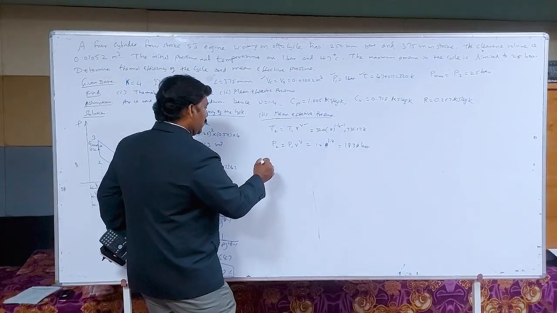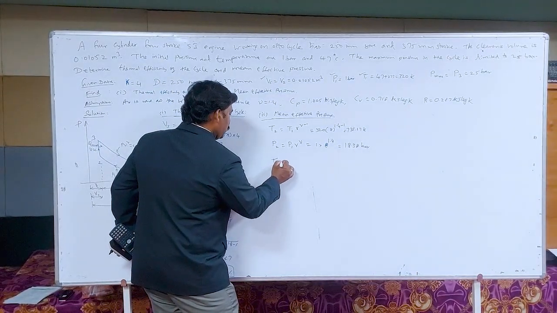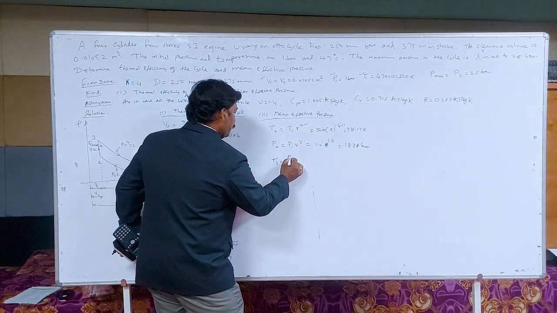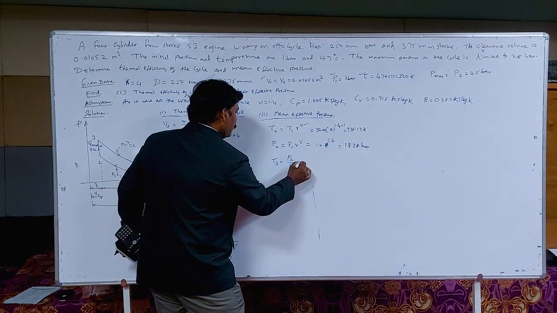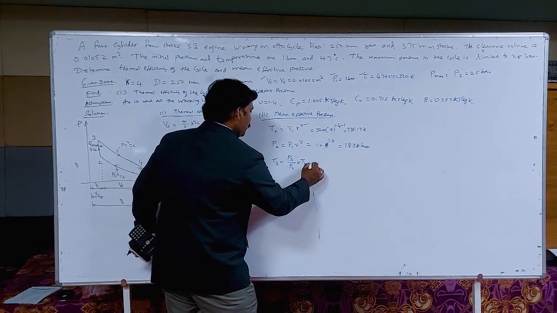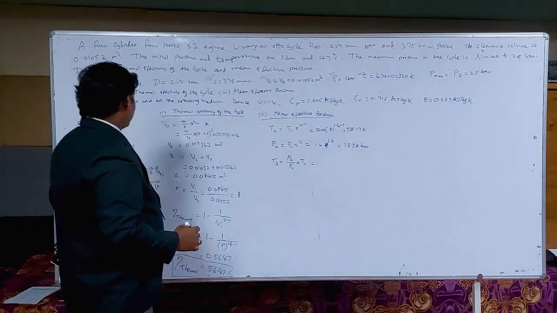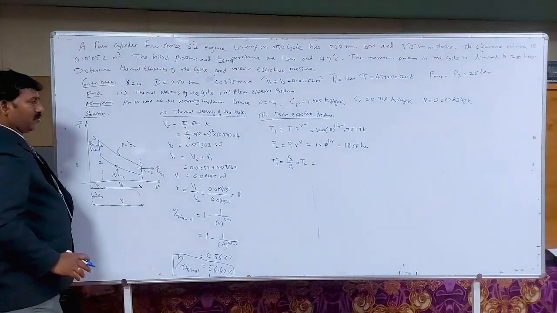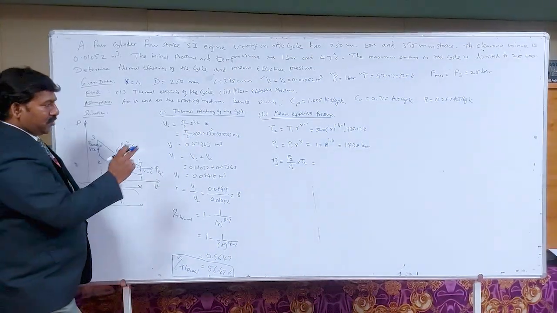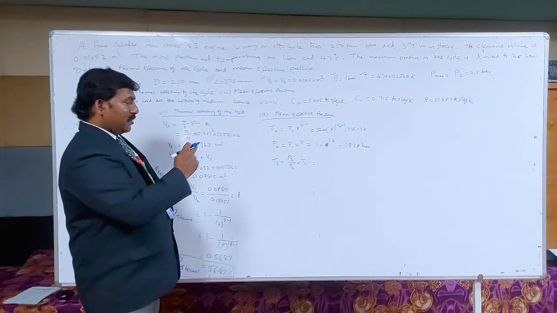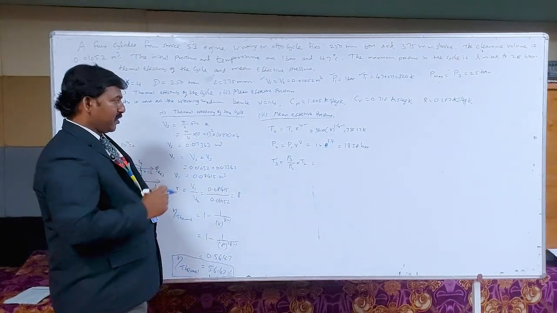Now we have to find T3. T3 is equal to P3 by P2 into T2. This is the formula because the process 2 to 3 is a constant volume process. For a constant volume process, we get the PVT relationship as T3 by T2 is equal to P3 by P2.